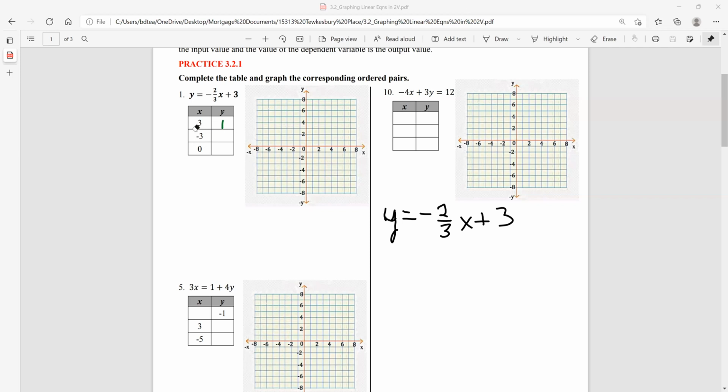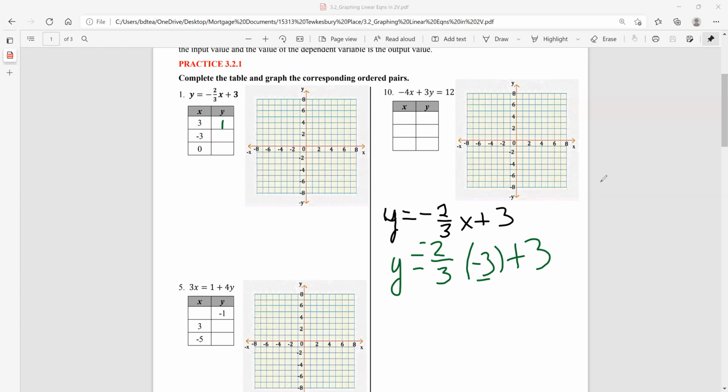Then we're going to look at the second coordinate that they gave us, negative 3. Again, using exactly the same equation, y equals negative 2/3 times x, now negative 3, plus 3.